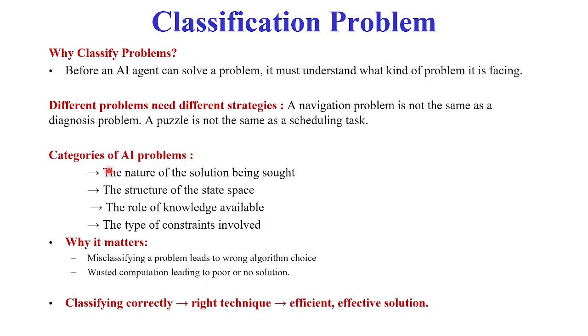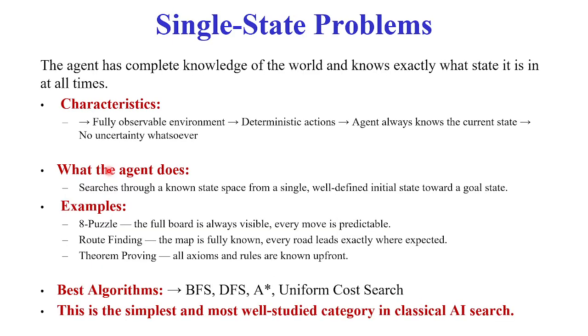Okay, right? Now we will talk about something called a single state problem. That's the first major category. This is the simplest and most studied category in classical AI. So what exactly is a single state problem?